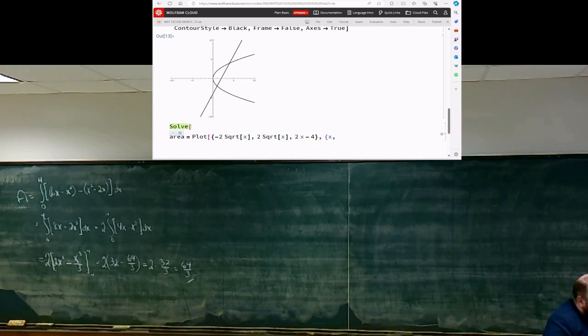Two ways to go about this. Look at the plot: we're going to have an intersection there, the lower part of the parabola with the line, so you can just set those two equal to each other and solve for x. That'll give you that point of intersection. Then you also have this one up here, the upper part of the parabola intersected with the line. Solve that. That'll be your 2 points of intersection.